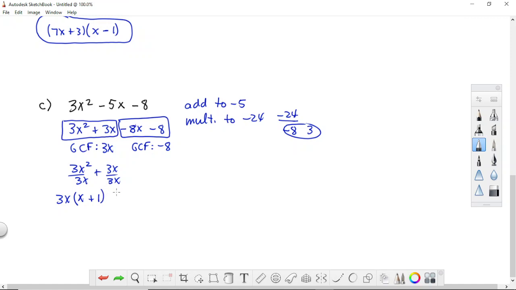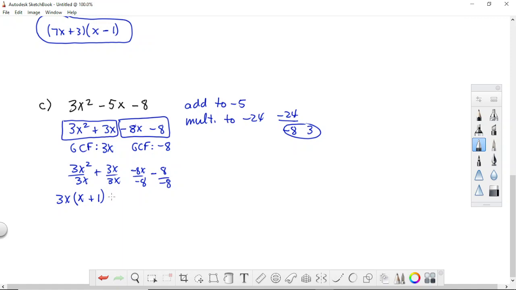Okay, so now we'll look at the other side, the rest of the expression. The greatest common factor was negative 8. So we have negative 8x divided by negative 8 minus the 8 divided by negative 8.